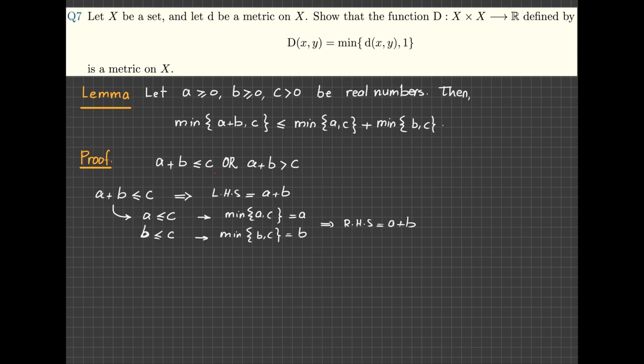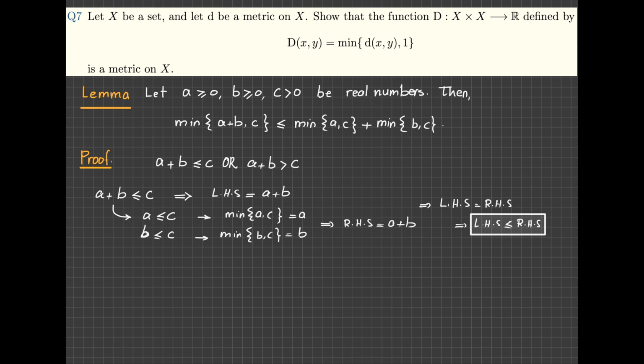So the left-hand side is equal to A plus B, and the right-hand side is equal to A plus B, and then it means that the left-hand side is indeed equal to the right-hand side, and of course it means that the left-hand side is less than or equal to the right-hand side as well. Okay, so in one case I was able to show that the left-hand side is indeed less than or equal to the right-hand side.